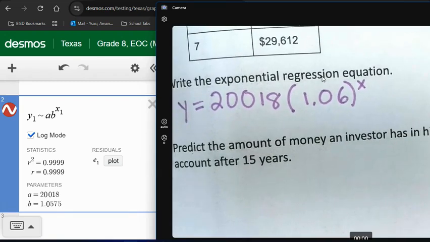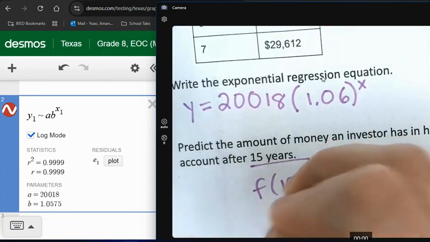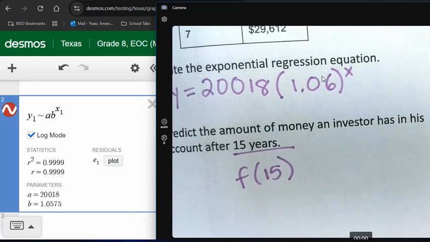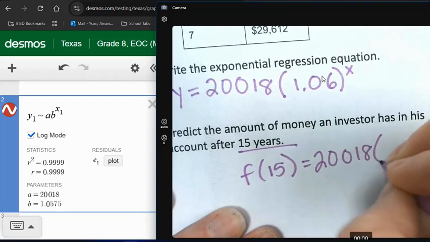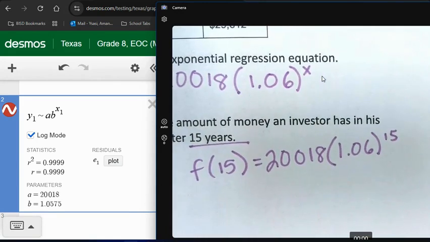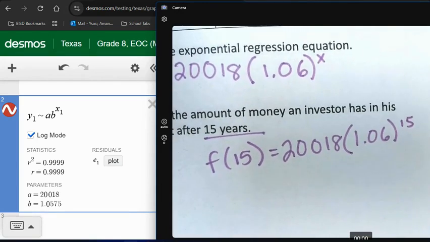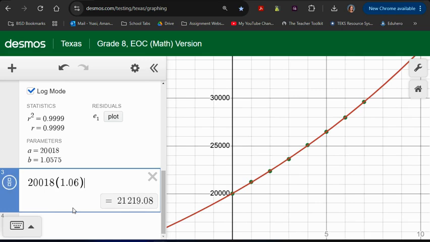Okay, predict the amount of money the investor will have after 15 years. So we're going to do f of 15. $20,018 times 1.06 raised to the 15. Let's put this in, and I'm going to show you something else.